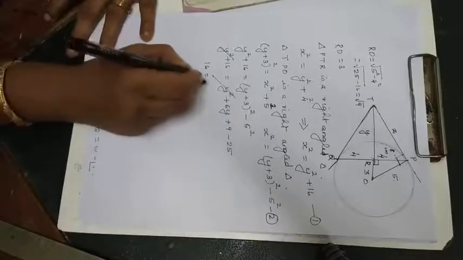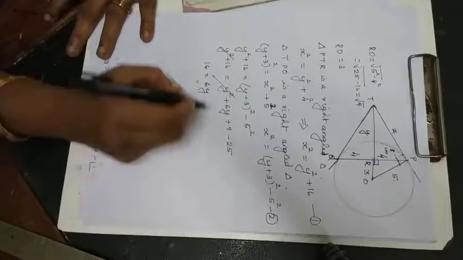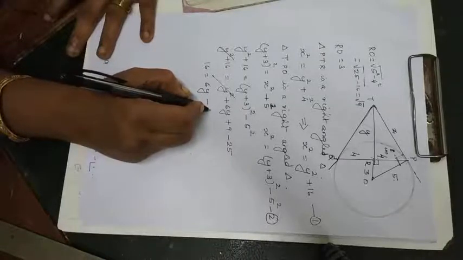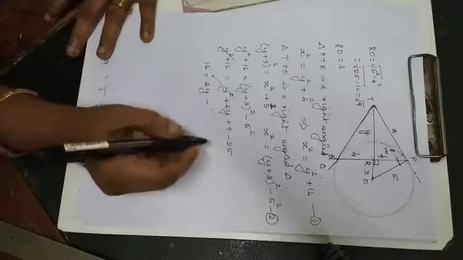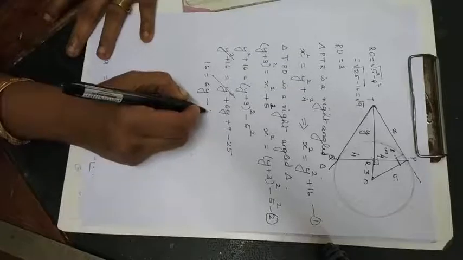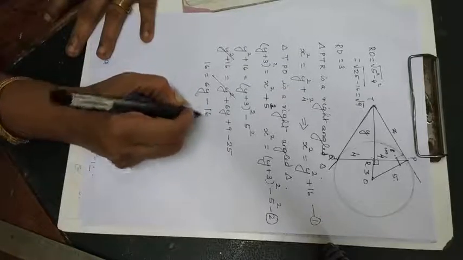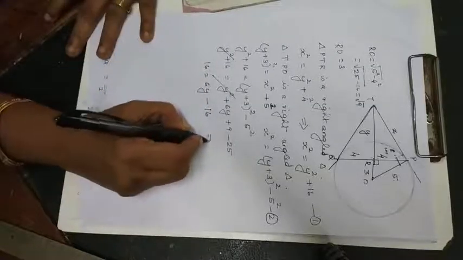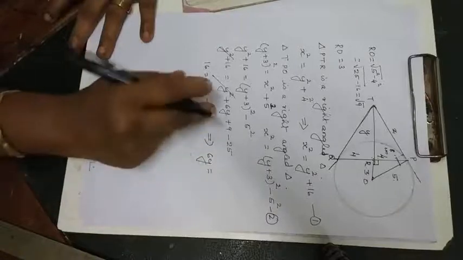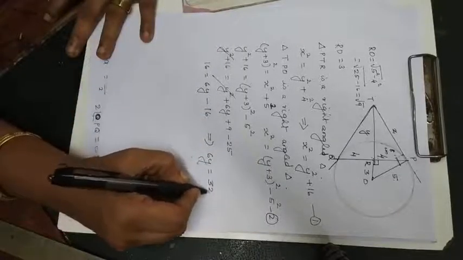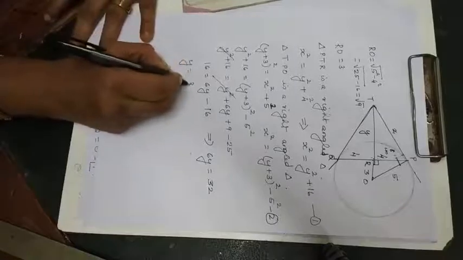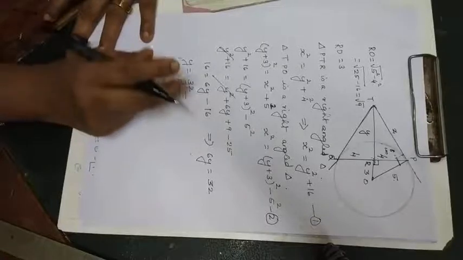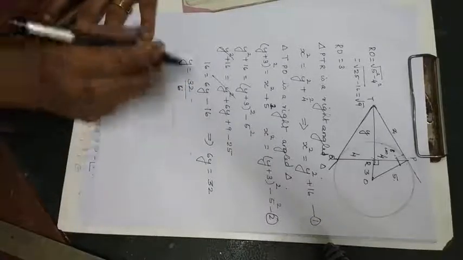So 16 is equal to 6Y minus 16. Or 6Y is equal to 16 plus 16, that is 32, or Y is equal to 32 by 6. So Y you got is 32 by 6.